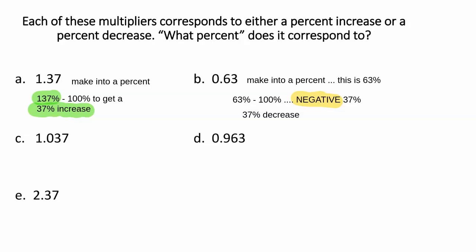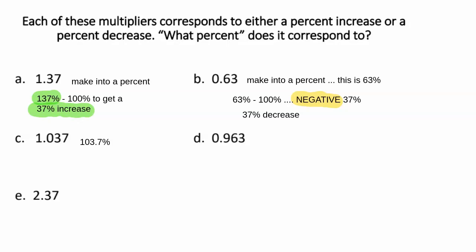Okay, let's go again. Okay, 1.037 is the percent, okay, of 103.7%.